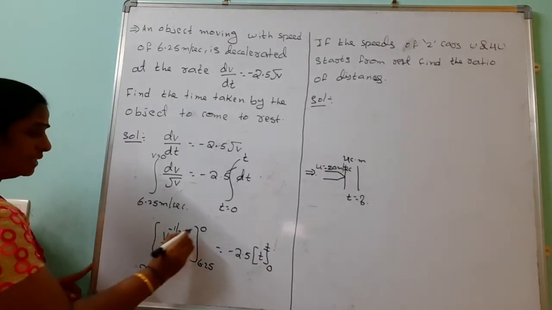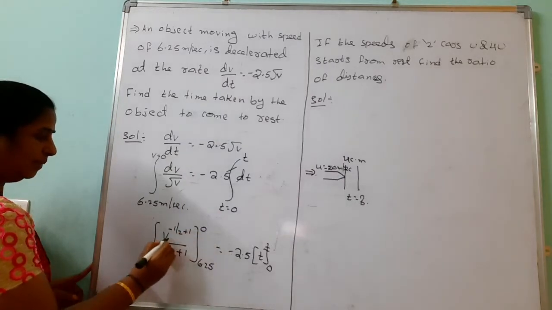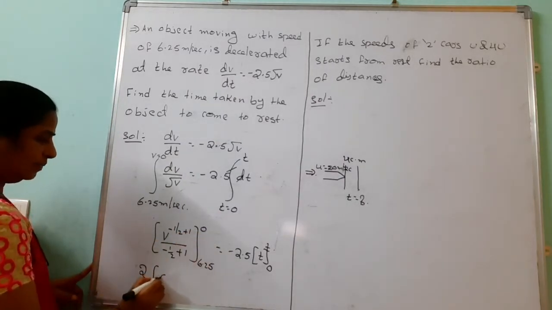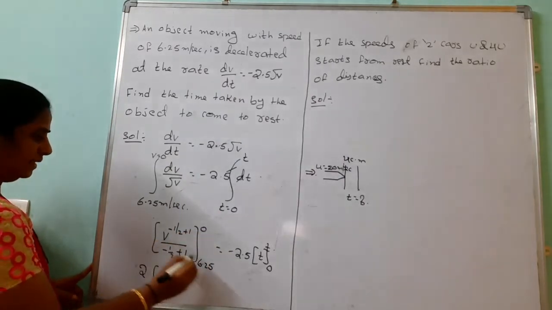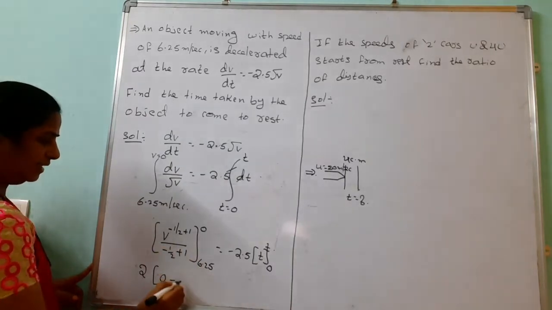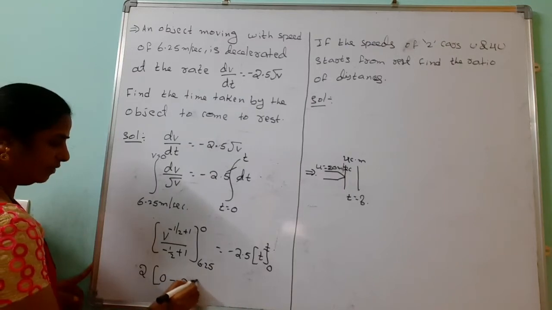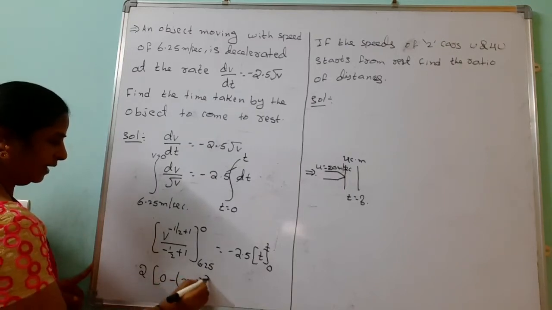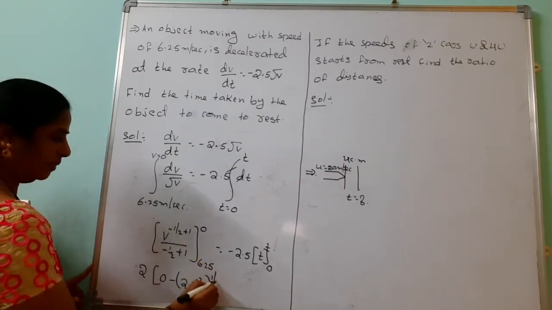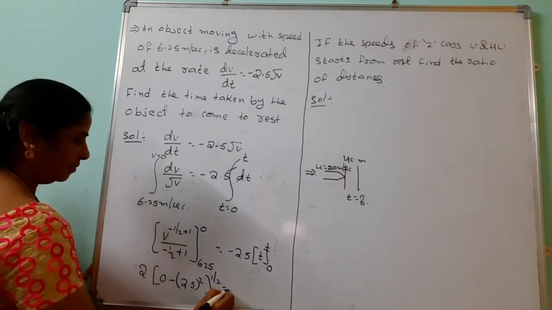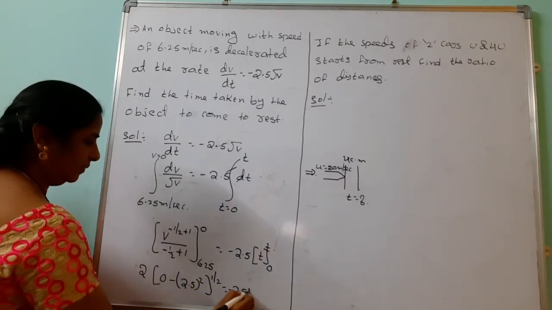Instead of v, first we apply the upper limit 0, minus the lower limit, where instead of v we write 6.25. 6.25 we write as 2.5 whole square, and whole to the power of 1 by 2, equals minus 2.5 t.